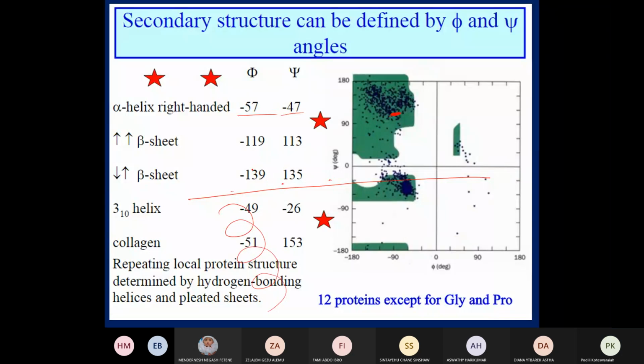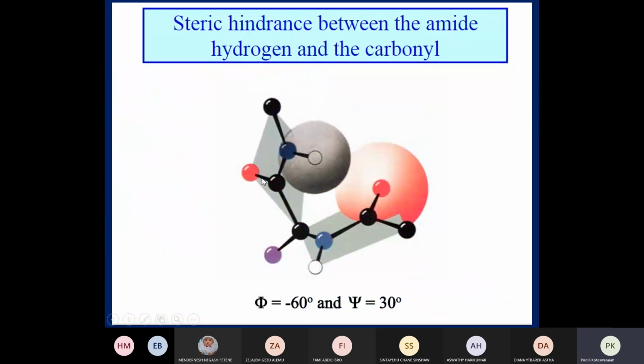In a polypeptide chain, the atoms cannot rotate beyond certain degrees, because when the atoms come closer, there is a steric clash. You can see here the side chain of one amino acid and the side chain of another amino acid. When they rotate beyond certain degrees, they have a steric clash, because the electron cloud of one atom clashes with the electron cloud of another atom.